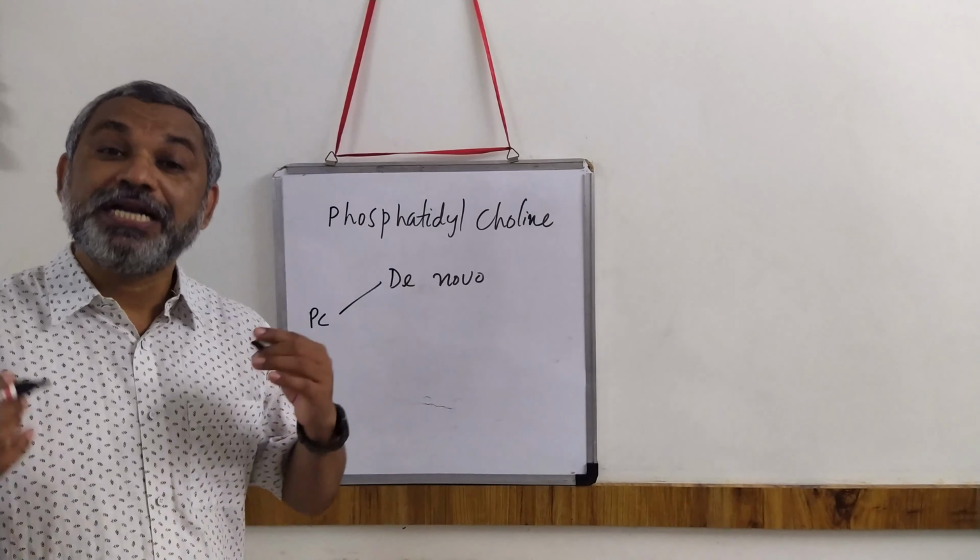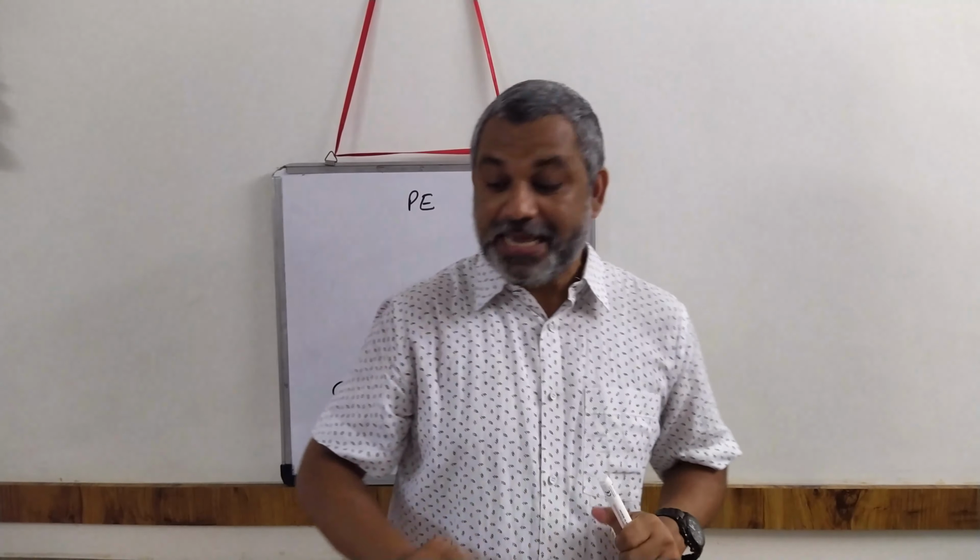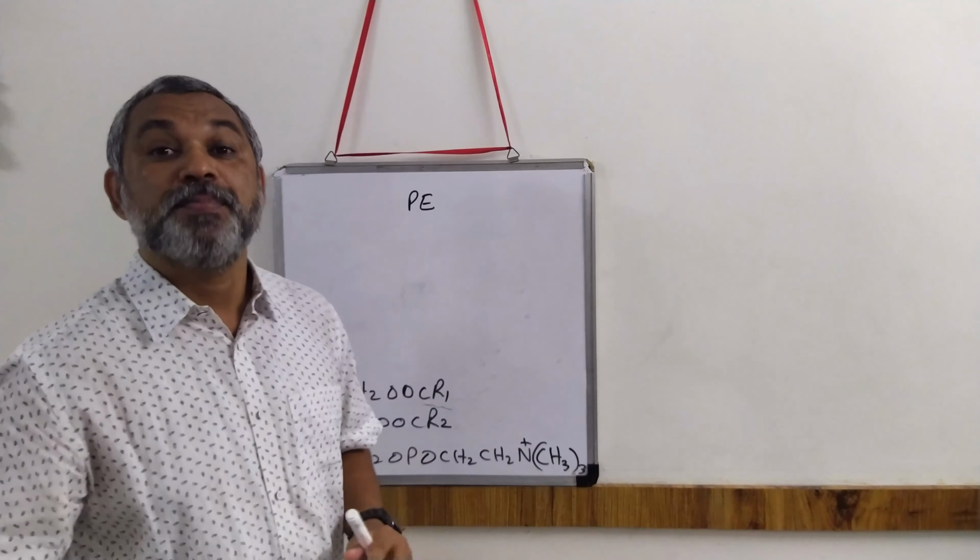Which molecule is the methyl donor in the biological system? It is S-adenosyl methionine, short form SAM. The structure is very simple, so I am not drawing the entire structure. You have an adenine. To the adenine, a ribose sugar is attached. To the ribose sugar, a methionine is attached.